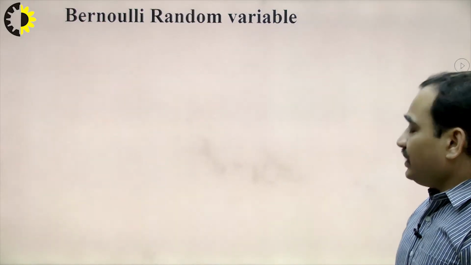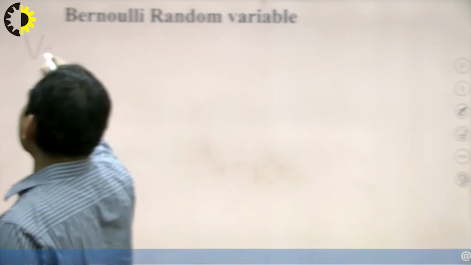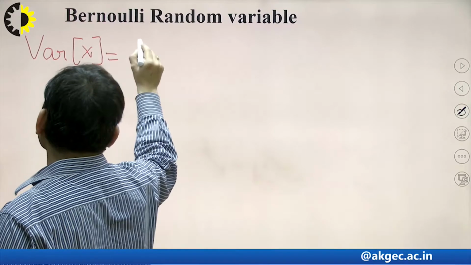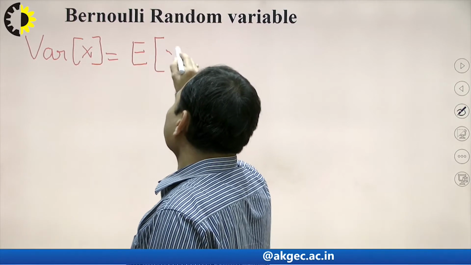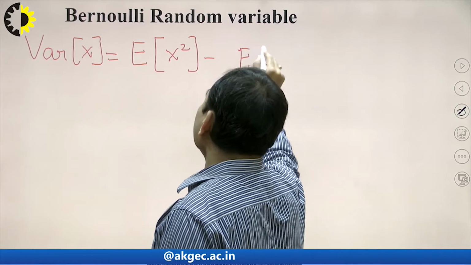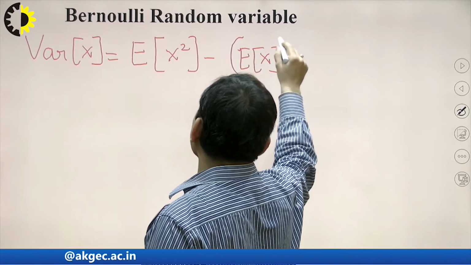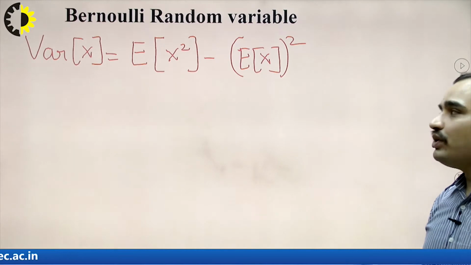We know that the variance of x can be calculated as the expectation of x square minus the mean squared, or the expectation of x whole square. So this is how we can use this formula to calculate.